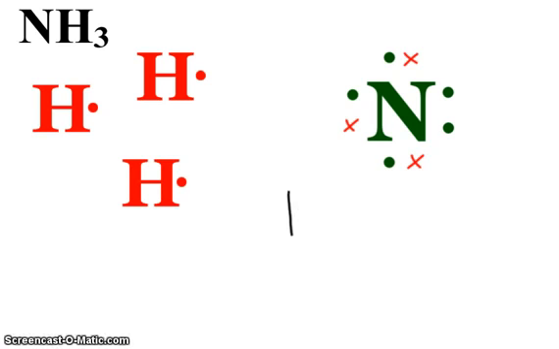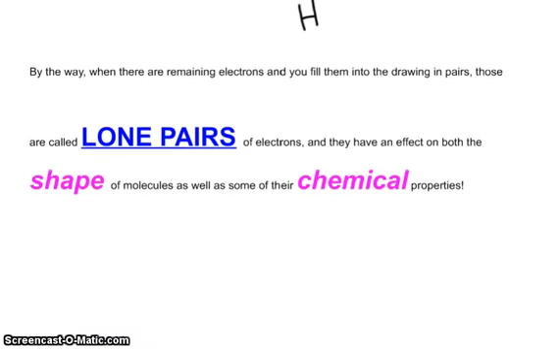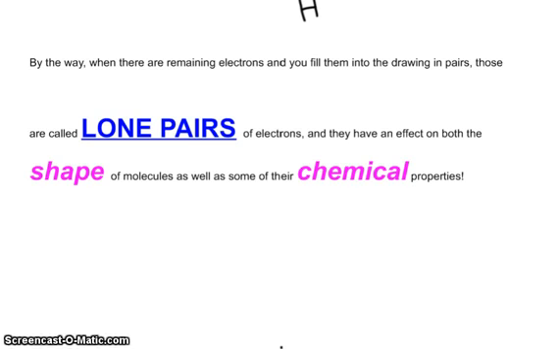So when I draw, I'll have my nitrogen, and I need 3 hydrogens with single covalent bonds on 3 different sides, doesn't matter which sides, and then I have to remember to bring over these 2 dots, these 2 valence electrons. All right, and what those dots are and why they're important is because they are called lone pairs.